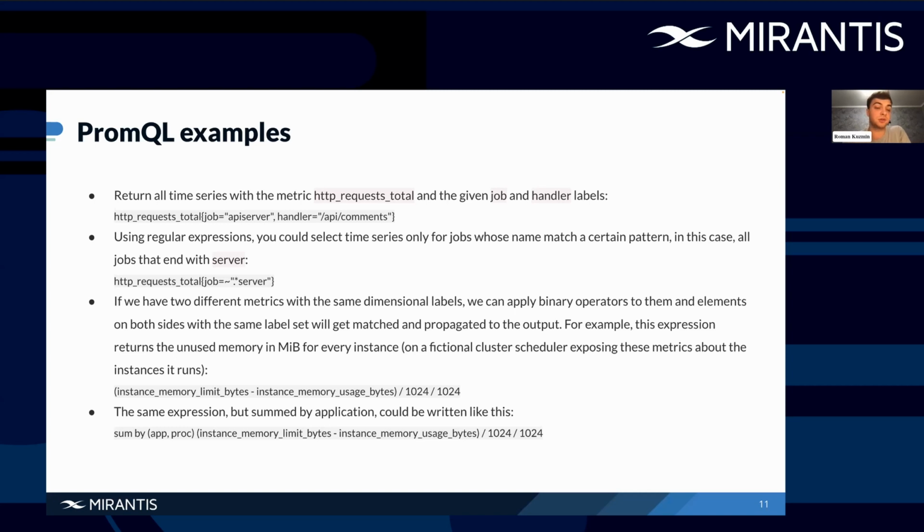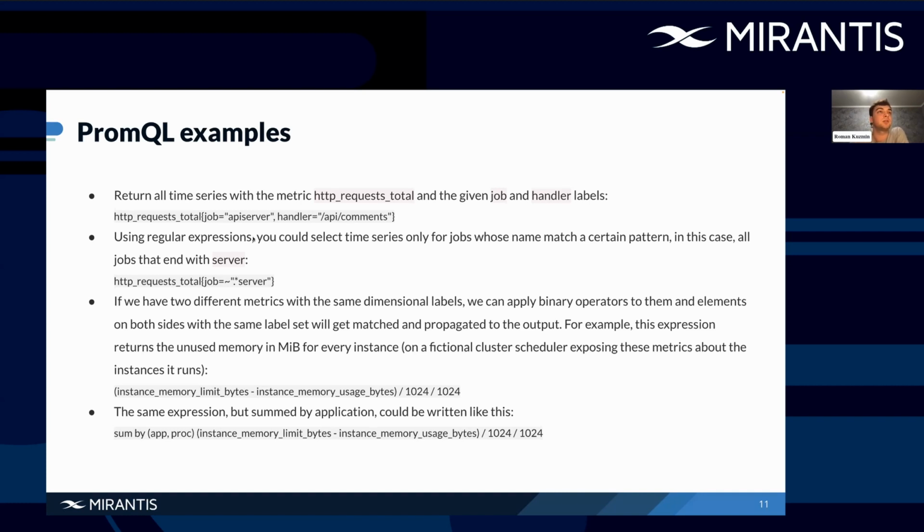Here are some examples of PromQL usage. For example, to return all time series with the metric http_requests_total and the given job and handler labels, the PromQL query will look like this. In curly brackets, you just specify the name of the job and the handler.